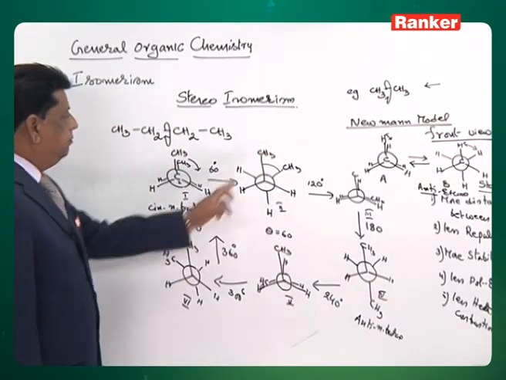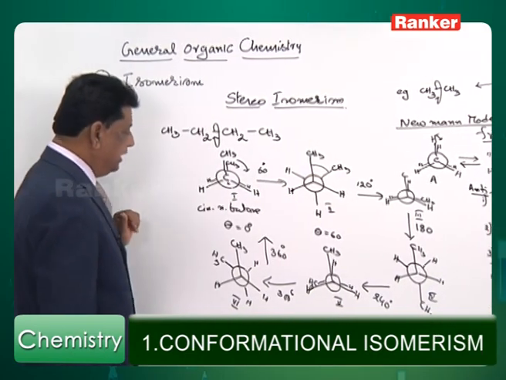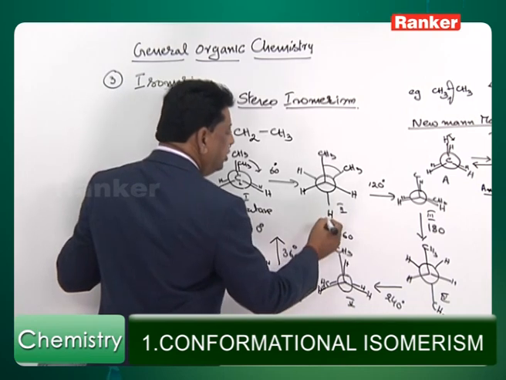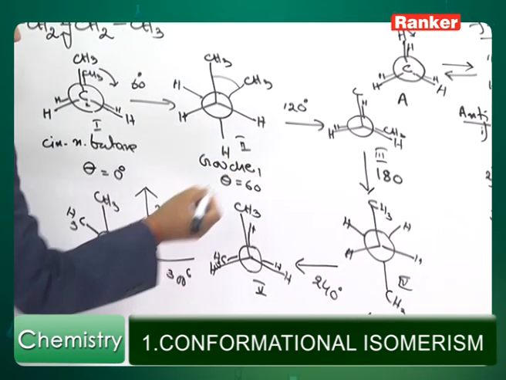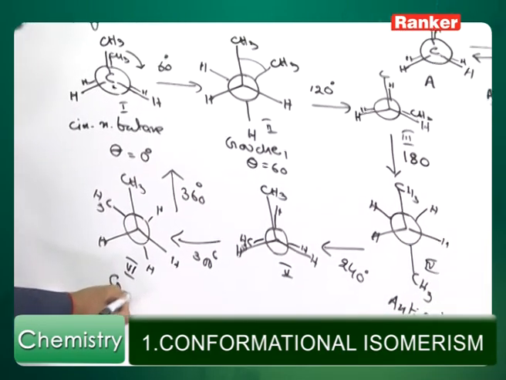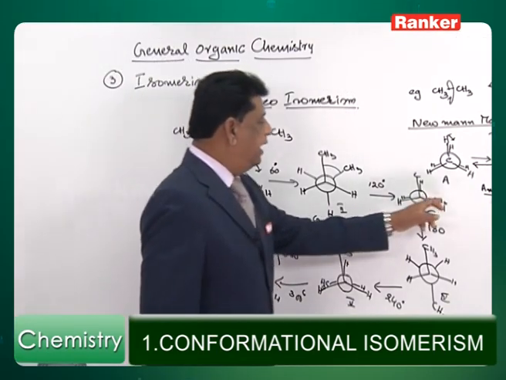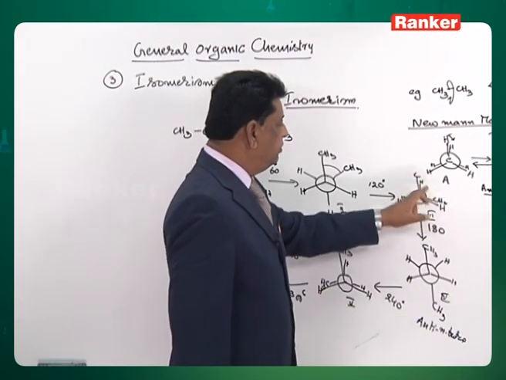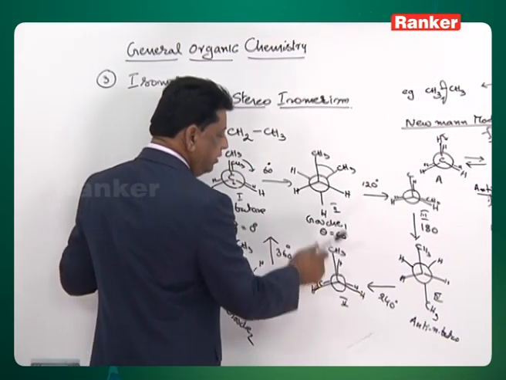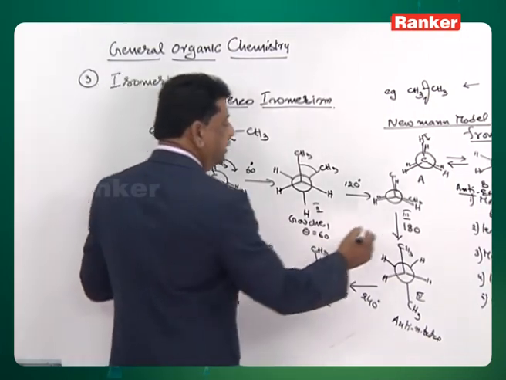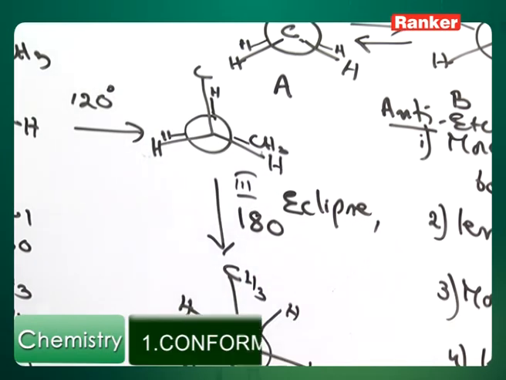Now the methyls separated by right side 60, left side 60, both are called Gauche conformers. Gauche 1, Gauche 2. Where one methyl and hydrogen, methyl hydrogen, two times it is overlapping, isn't it? In this case also methyl hydrogen, methyl hydrogen. This overlapping situation is called the eclipse conformer. Eclipse 1, eclipse 2.